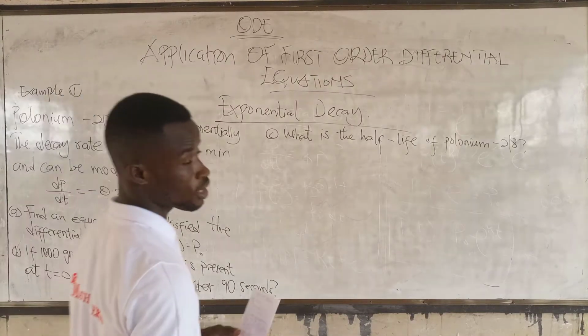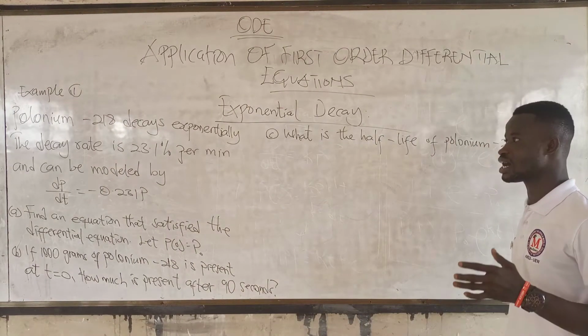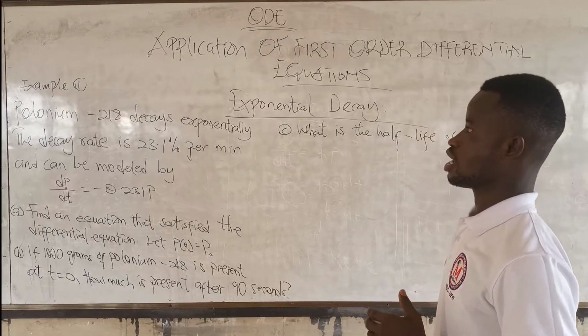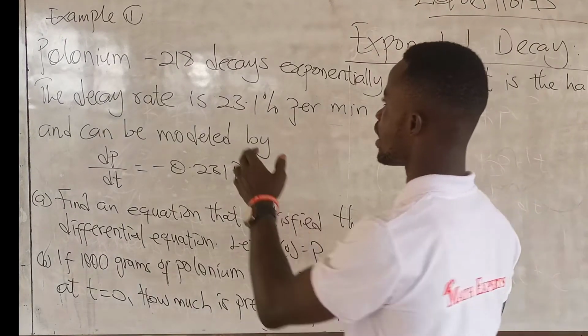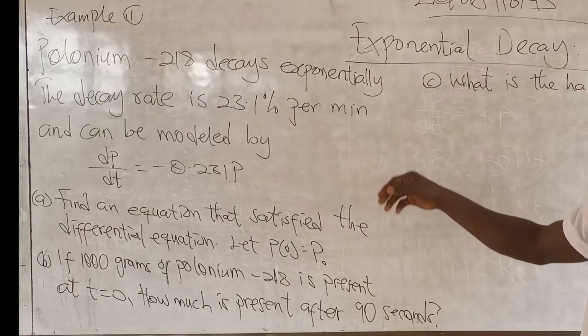Alright, so let's look at our first question under the exponential decay. On the board we have polonium-218 decayed exponentially.